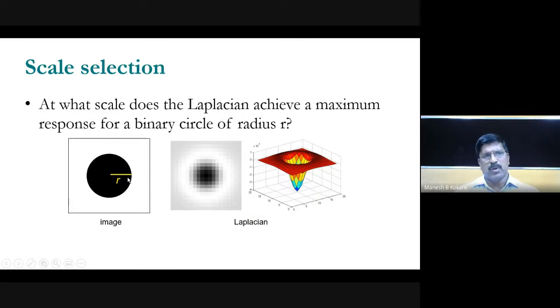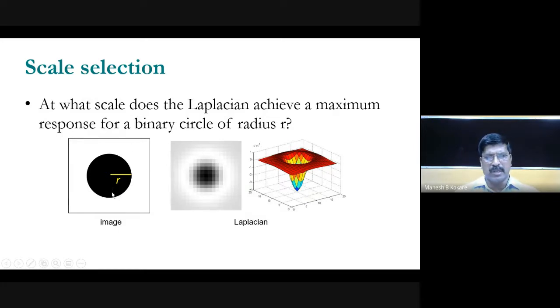This circular object will be detected by the Gaussian filter, so we take the Gaussian as well as the Laplacian of that. At what scale does the Laplacian achieve a maximum response for a binary circle of radius r? This is the binary circle. Binary, why? Because you have this white background and then this black object, right? That's why it is called a binary image.